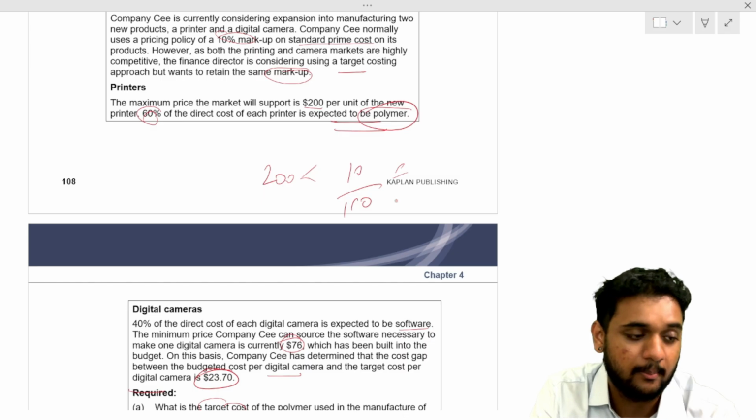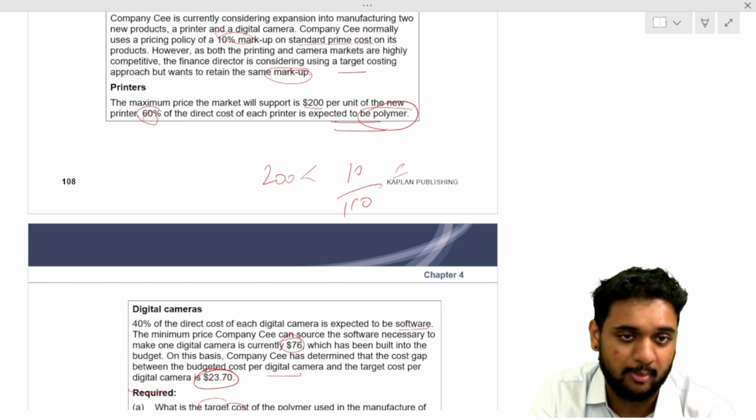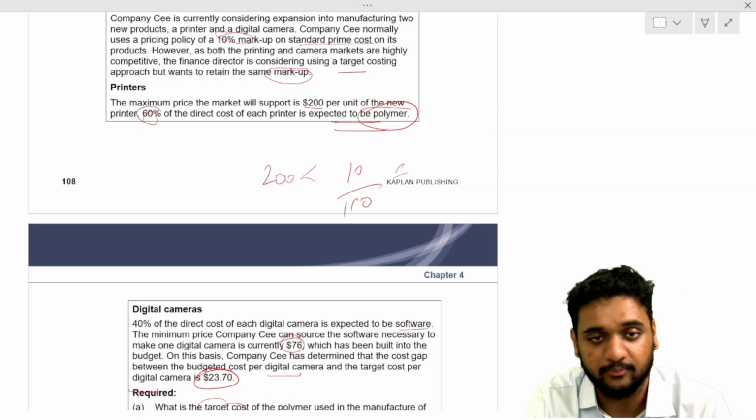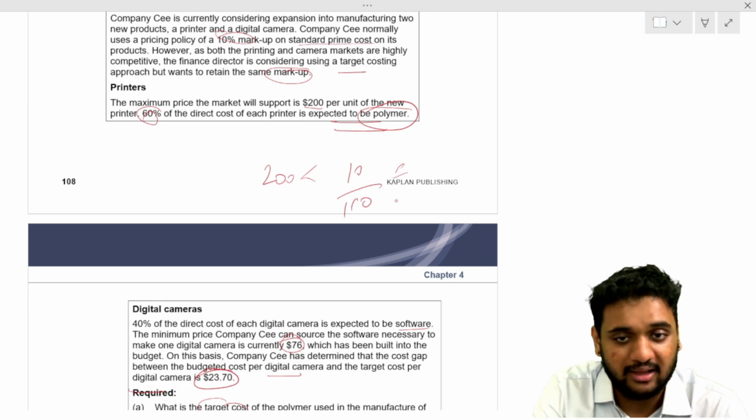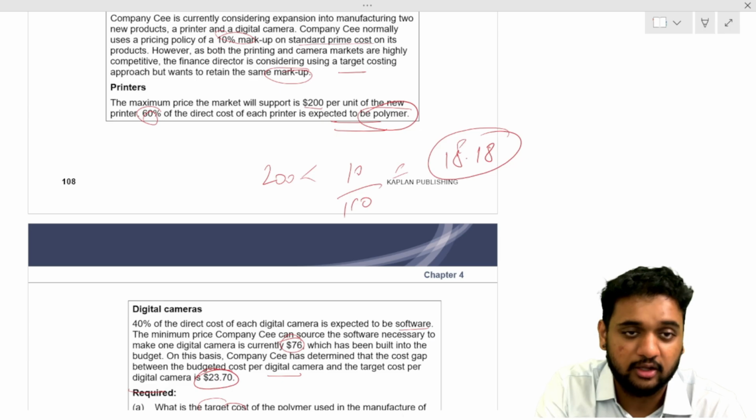How much will you get? Percentage, not the amount. Same percent, markup percentage. So 10 divided by 110. What will you get? 18.18 is the profit we want. Target selling price is 200. Target profit is 18.18.